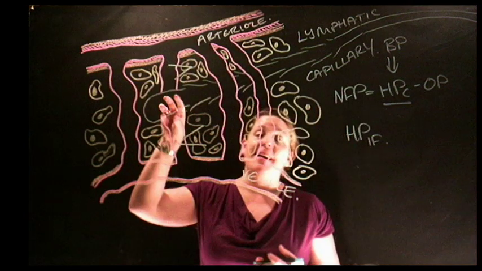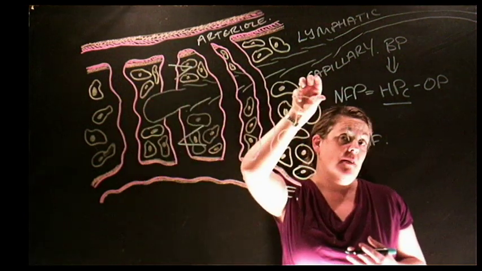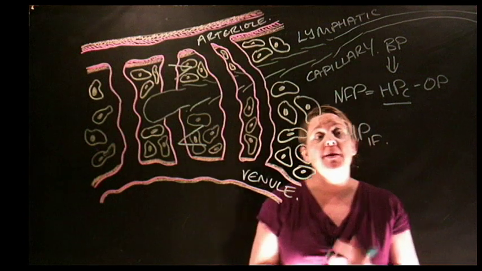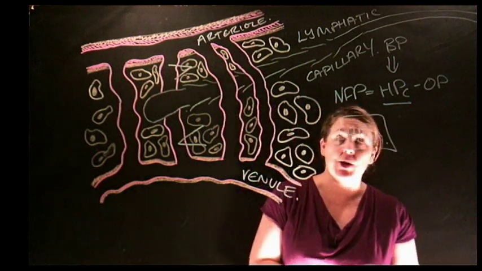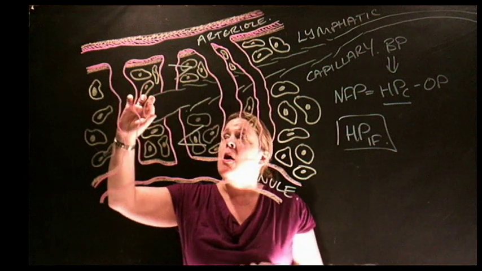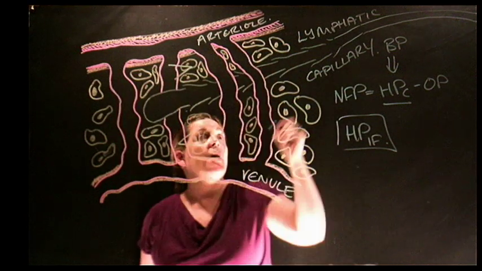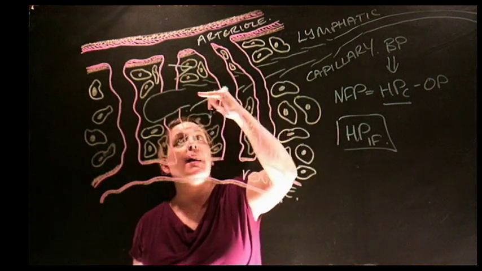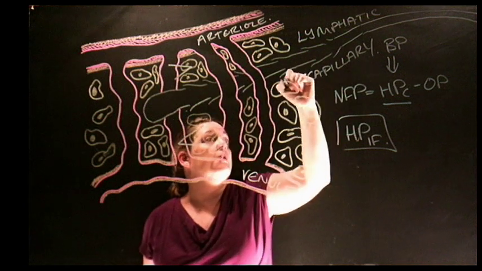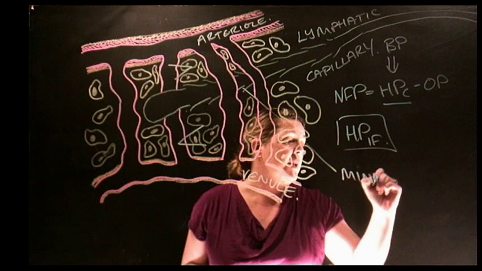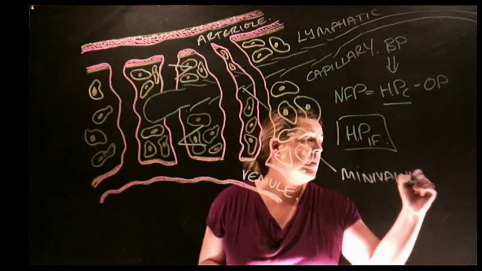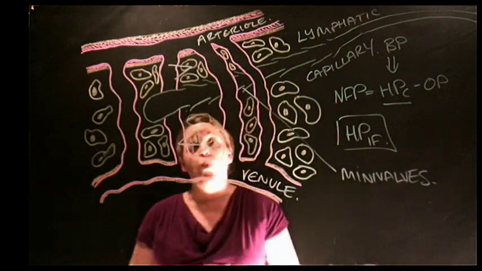Now, how the fluid gets into these blunt-ended vessels in the first place is through that manipulation of the hydrostatic pressure. So our blunt-ended vessels have these little gaps in them. These are mini valves. The mini valves allow for one-way flow.